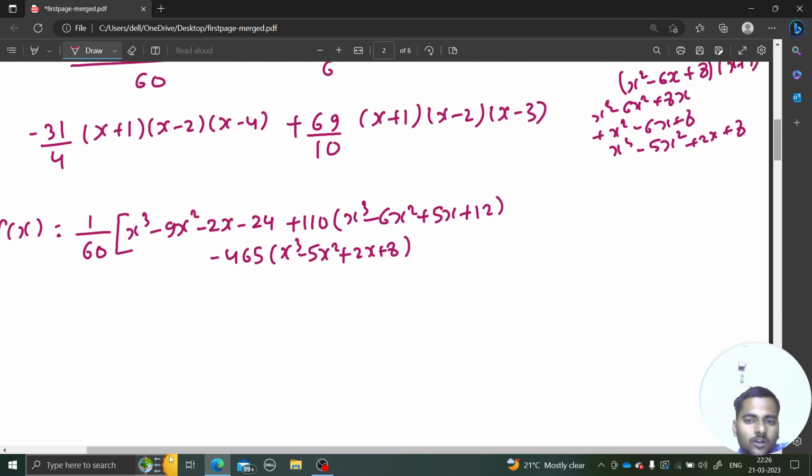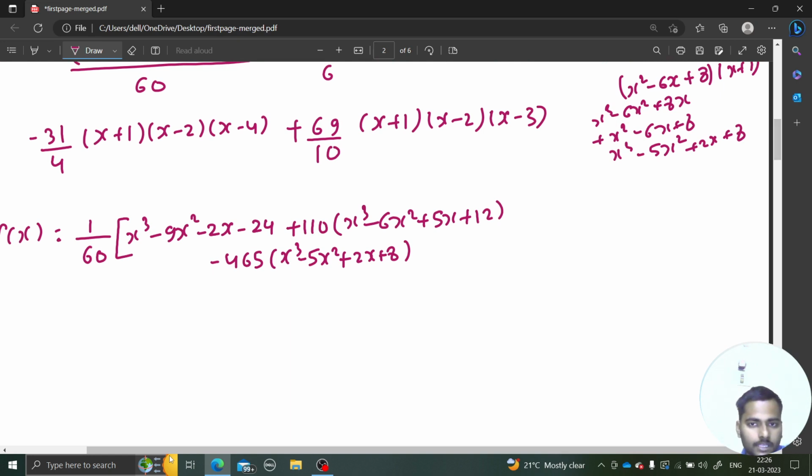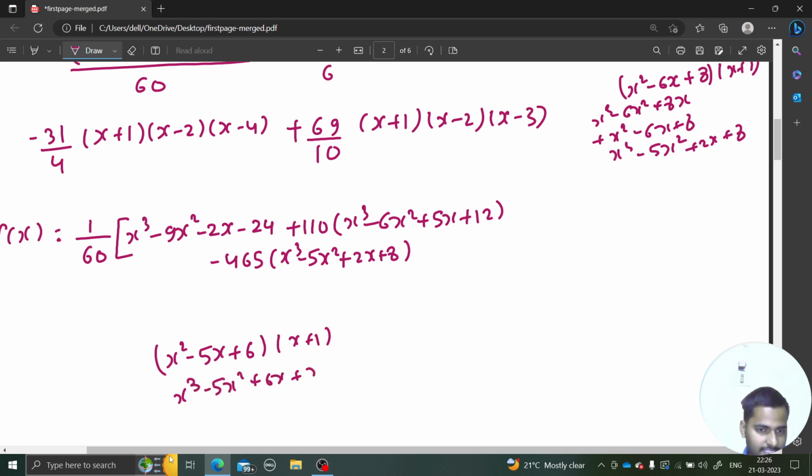And this is altogether a different thing. So this will be x square minus 5x plus 6 multiplied by x plus 1. So this will be x cube minus 5x square plus 6x plus x square minus 5x plus 6.